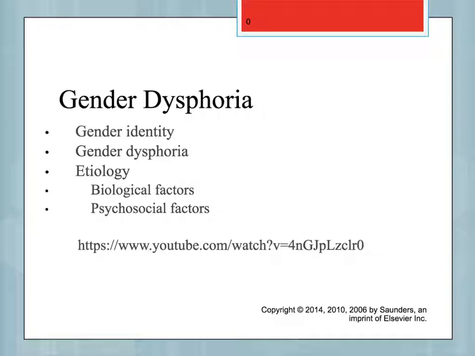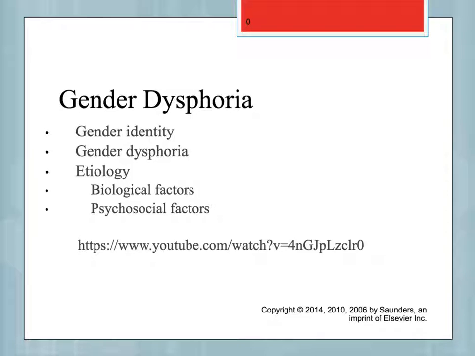Another issue that we're seeing a lot more of is gender dysphoria. It's coming more and more out in the forefront, and we've seen some shows that actually deal with this, and there's a YouTube video that I've attached that you can review. It's a psychiatric disorder that mostly addresses gender preferences and cross-gender activities, which is a gender identity disorder.